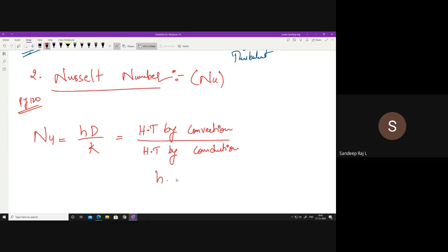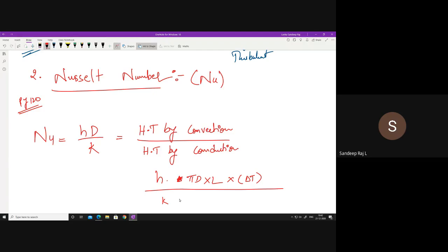So in place of A, I can write pi d into L, into the temperature difference delta T, by heat transfer by conduction. If you take it, it is kA dT by dx.